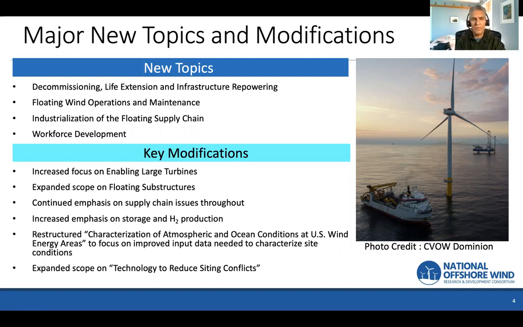And then you'll see an expanded scope with conflicts, because as deployment expands and the cumulative impacts become better known, it's important that the industry stays on top of that and addresses the technologies that are necessary to mitigate as much as possible the conflicts and make us good neighbors in the ocean.